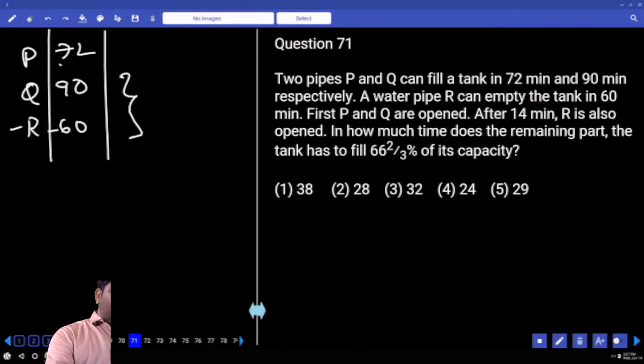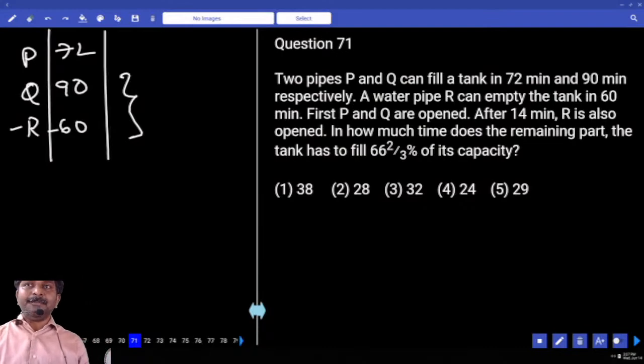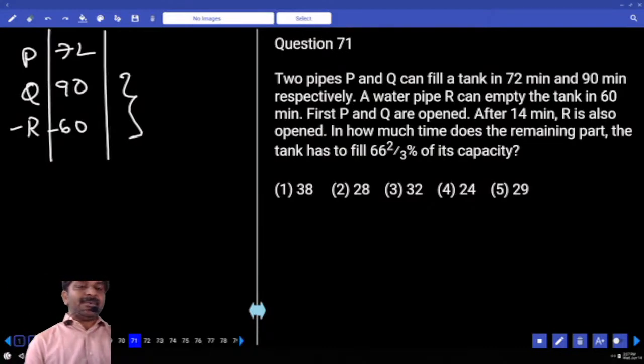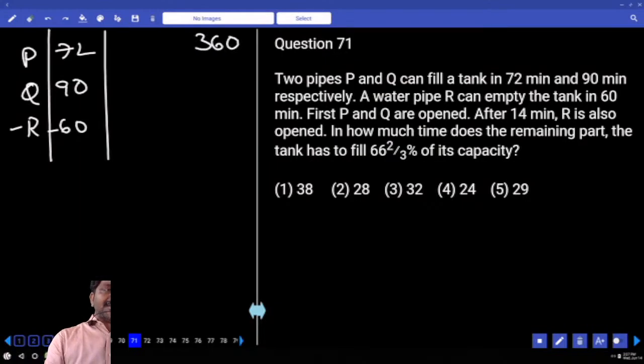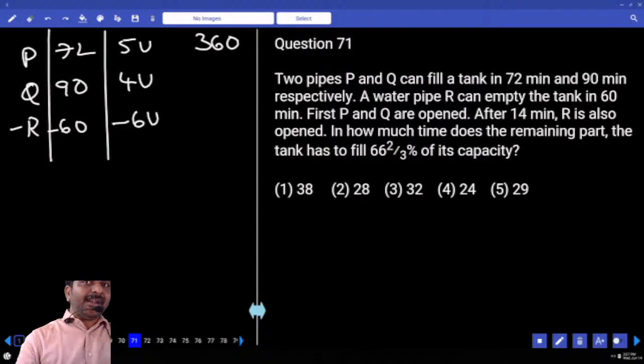Yes. Is 72 divisible in 180? No. Next multiple of 180 is 360. Is 72 divisible in 360? Yes. 360 is the LCM. P does 5 units, Q 4, R 6 units, which does negative work.